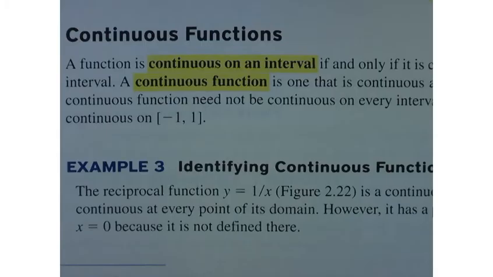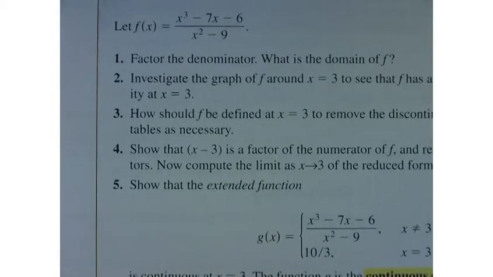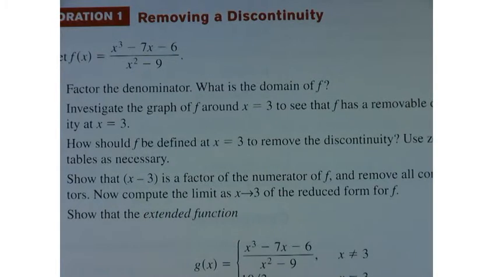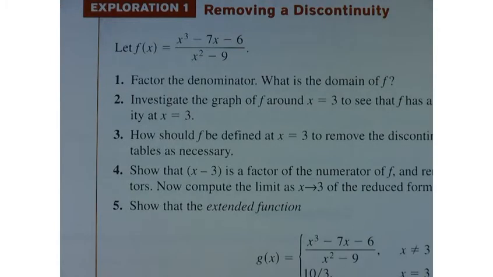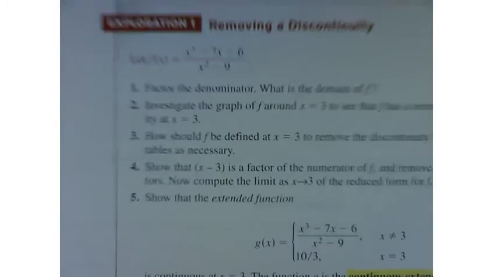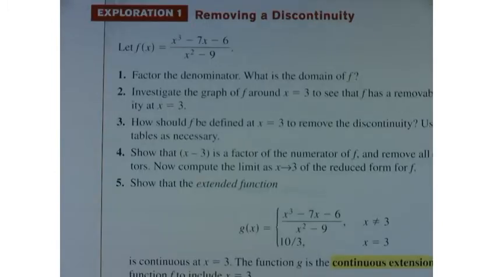So what we could talk about is removing discontinuities, because sometimes we still want to apply mathematics. Let's look at the function f of x is equal to x cubed minus 7x minus 6, all over x squared minus 9. There's a couple of ways to remove the discontinuity.